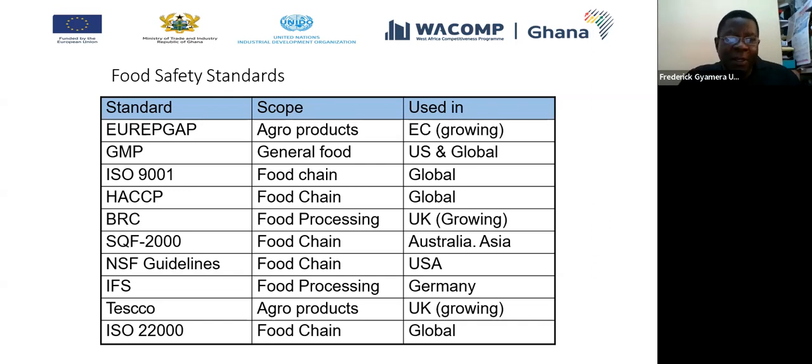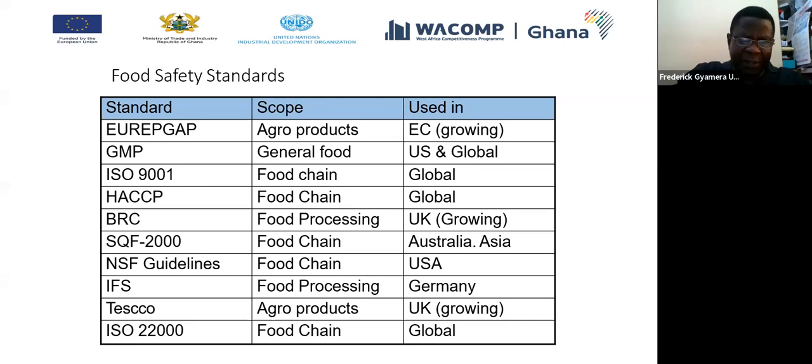Then the GMP, being the basic prerequisite, a control mechanism, for general food, whether you are producing cassava, orange juice, pineapple juice, jam, puree, whatever, dry fruits, you should have this basic prerequisite in place.